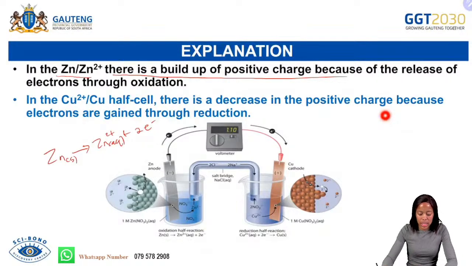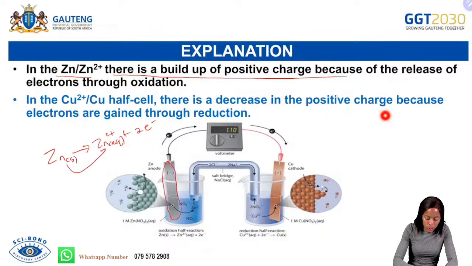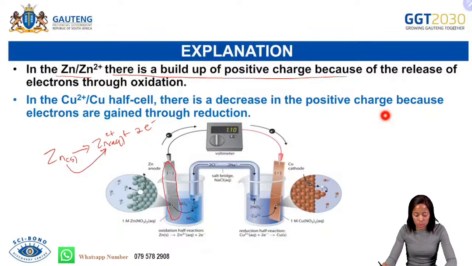That is your oxidation half reaction. Then we are saying what happens as we move from the electrode to the electrolyte. We said there's going to be a decrease in mass. When there is a decrease in mass, what is happening again in the electrolyte? It therefore means that we are going to have a lot of this Zn2+ in solution.